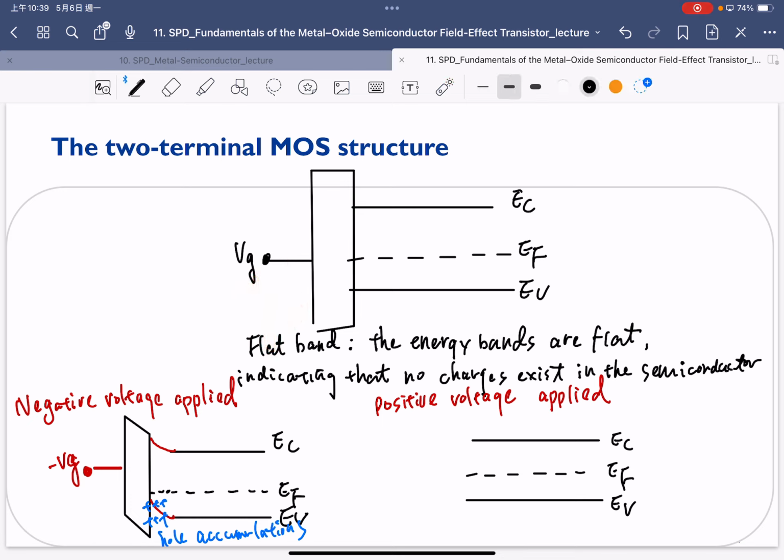So the positive VG means here your metal work function is now lower than your Fermi energy in the semiconductor.